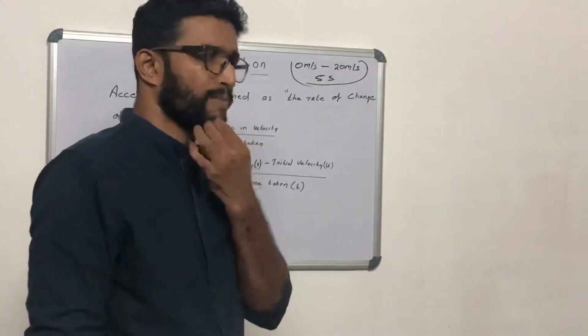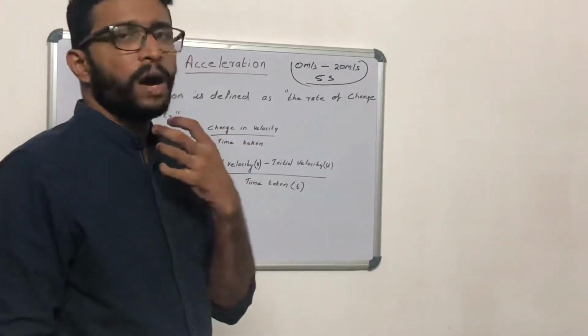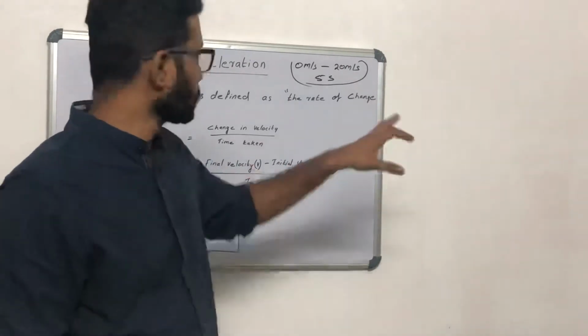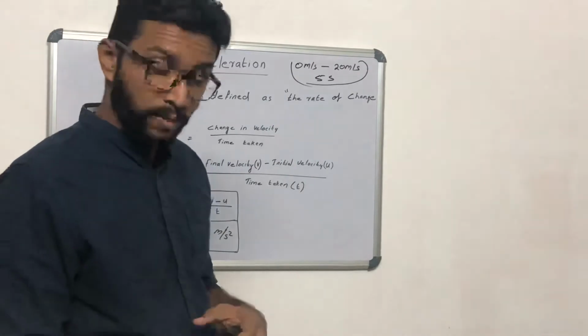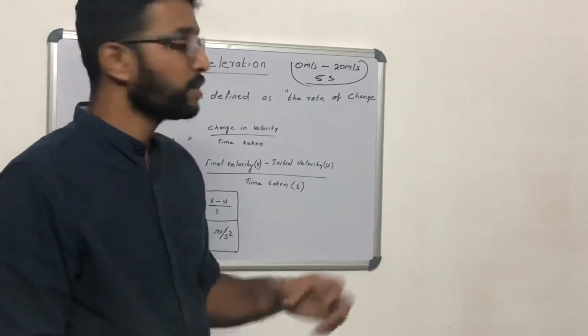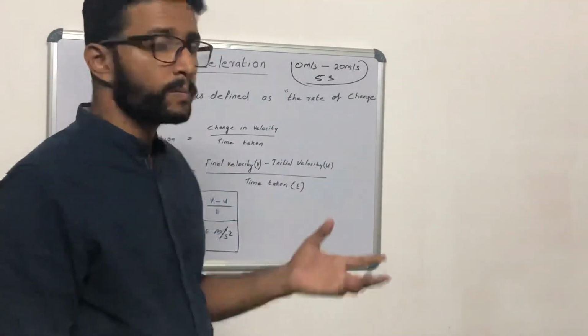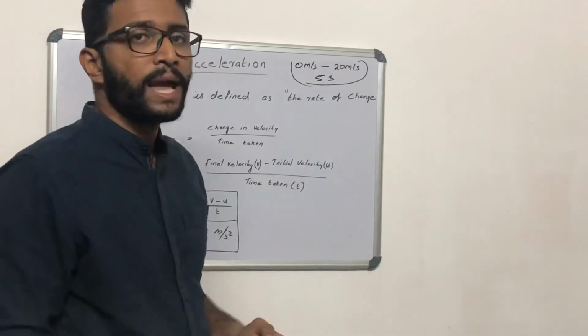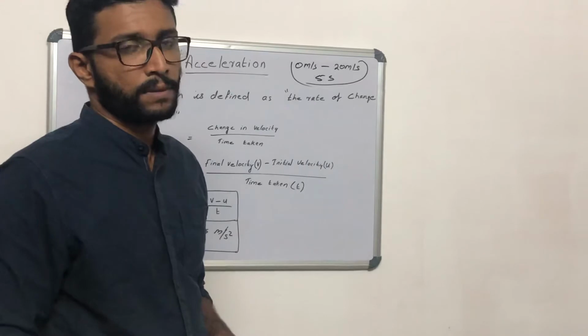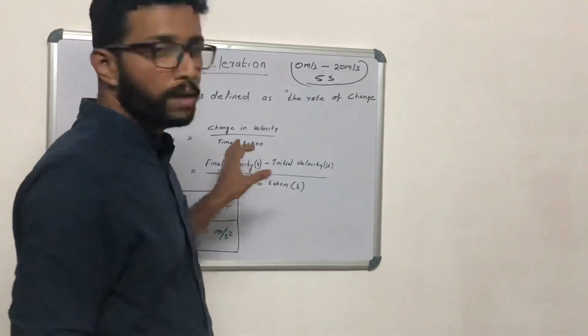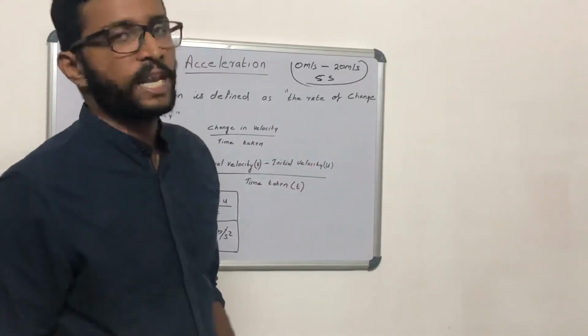So how can we find acceleration for this? To find acceleration, we should know the change in velocity and the time taken for that change. How can we find the change in velocity?